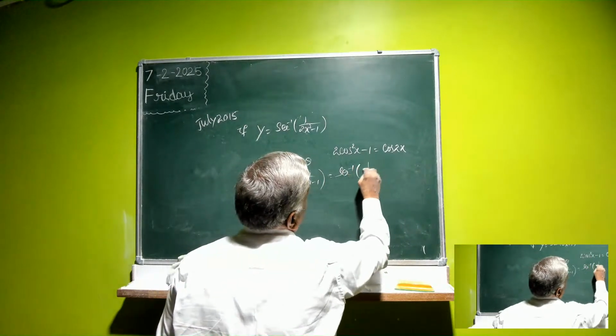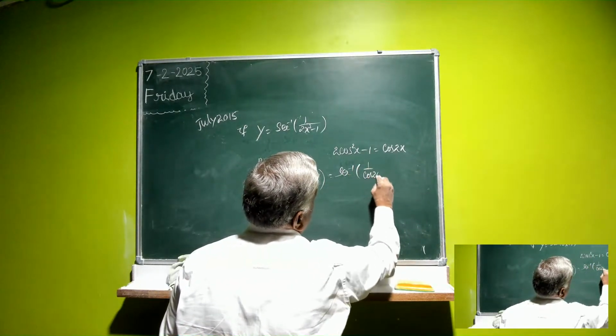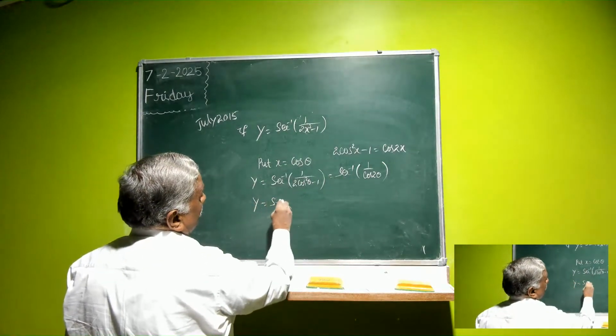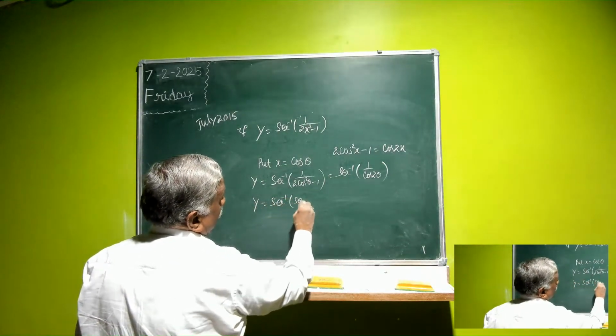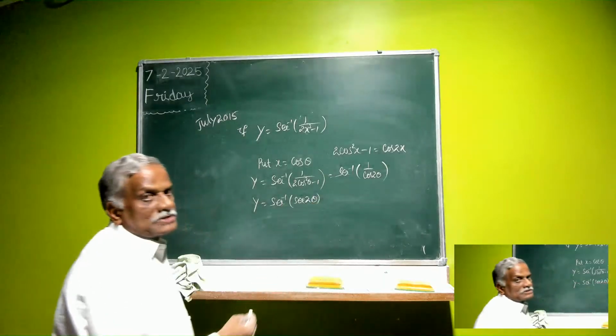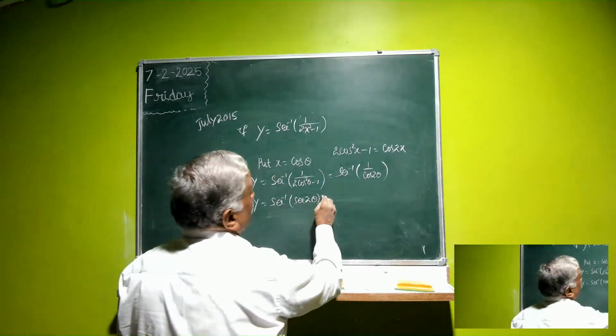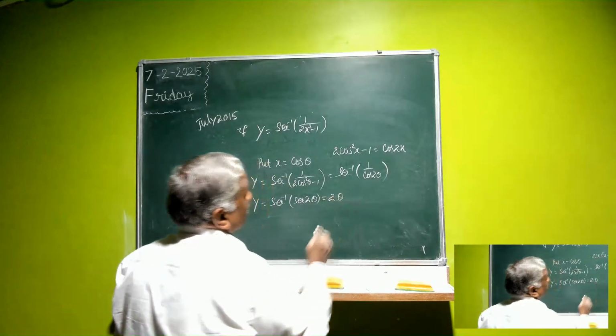Secant inverse of 1 over cos 2 theta. You can write this as secant inverse of secant 2 theta, because cosine and secant are reciprocal functions. Using trigonometry, you can write this as 2 theta.